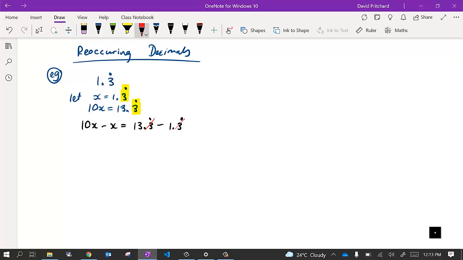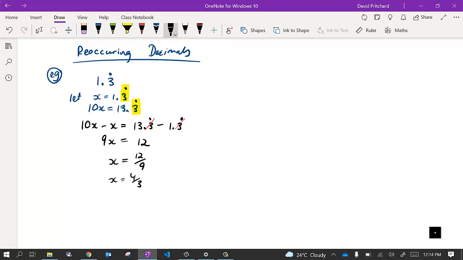So 0.3 recurring take away 0.3 recurring, and then we only have to worry about 13 take away 1. So we end up with 9x is equal to 12. x is equal to 12 on 9, and if we divide by 3 on top and bottom, we end up with 4/3.